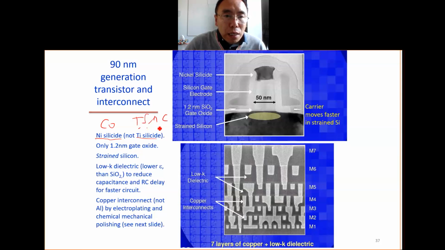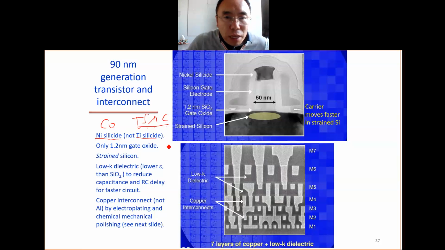Taiwan Semiconductor Manufacturing Corporation. Now the stock value of TSMC is higher than that of Intel, because Intel did not make the cobalt work well.